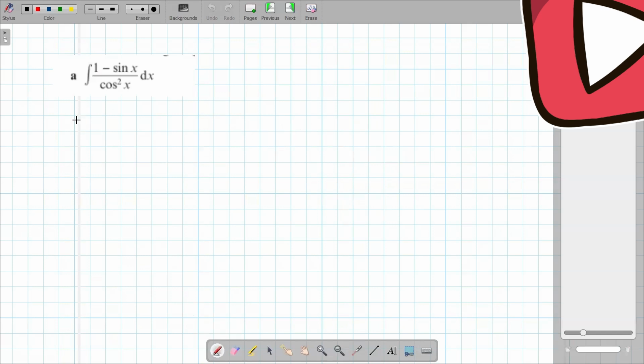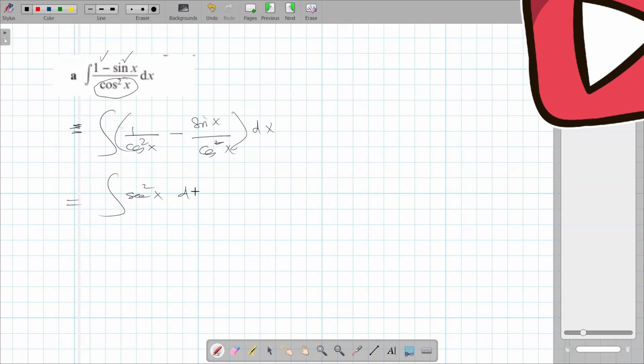Okay, you can just do this. This is simple. We have one term in the denominator and two terms in the numerator. So you can write it as cos square x minus sin x divided by cos square x. Oh yeah, of course. So 1 over cos square is sec square x, minus sin over cos x is tan x into sec x, right?